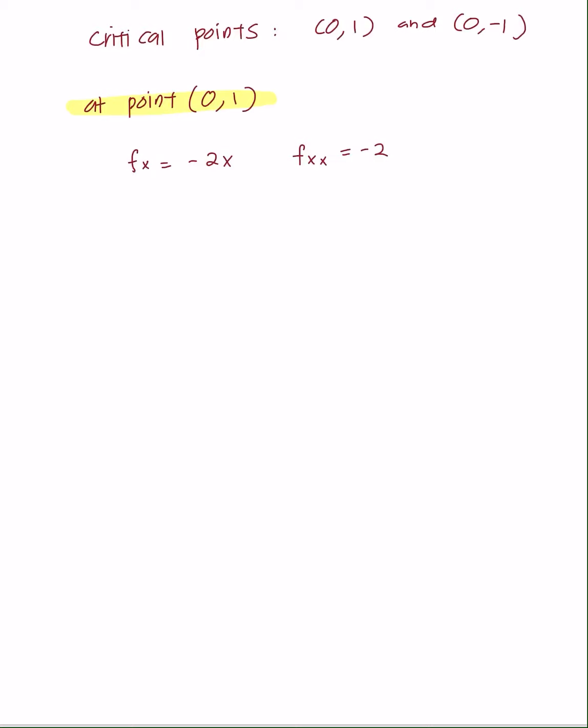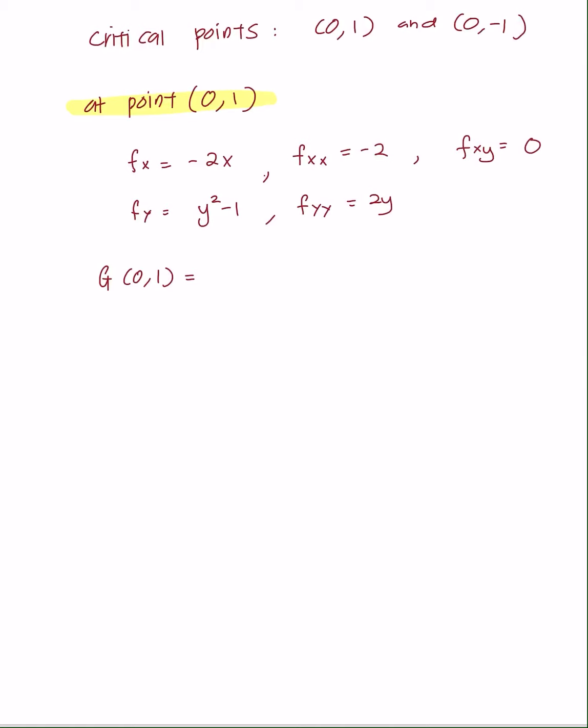Our fxy will be 0, because minus 2 is a constant. fy just now is y squared minus 1, so our fyy will be 2y. Now we want to check the point (0, 1), because we want to calculate G(0, 1).